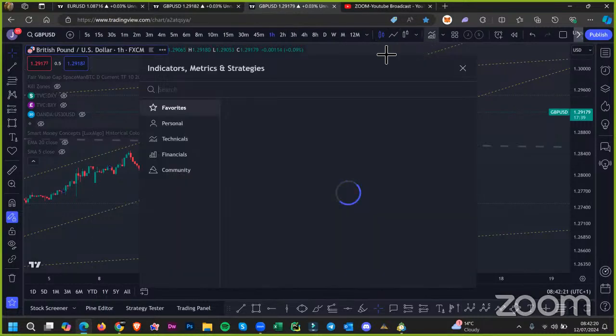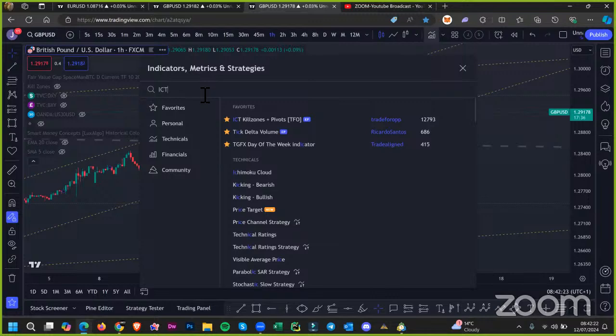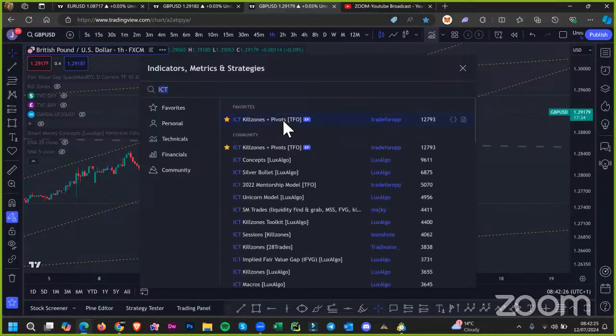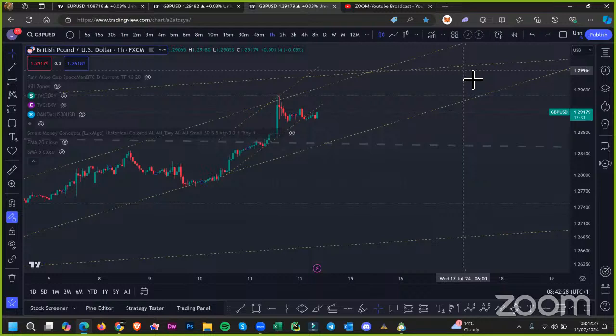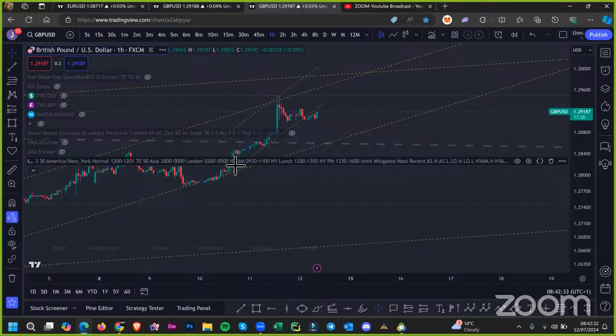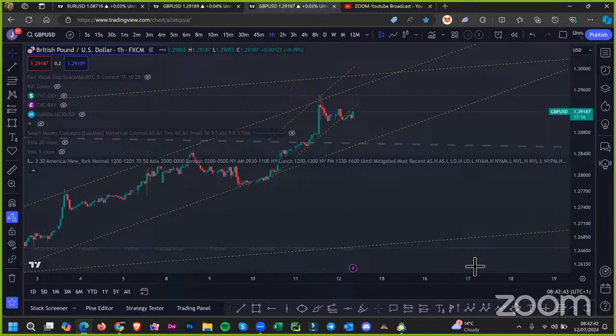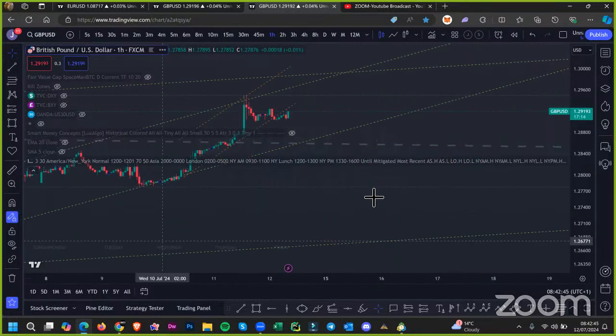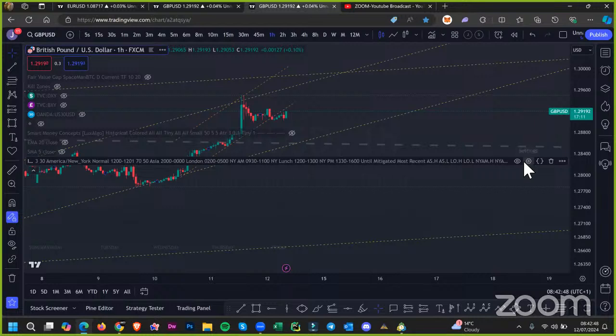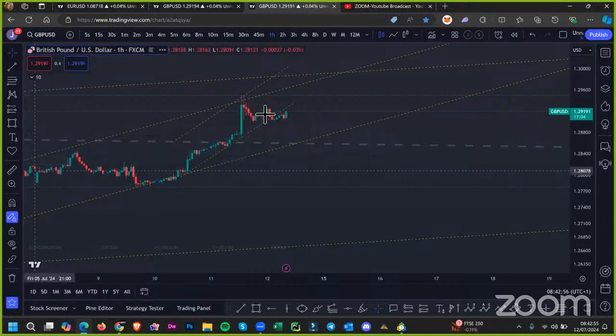I'm hoping that I've saved my settings and I'm not going to have to redo all my settings. It's strange. Maybe it's because I use FXCM. Don't know why all of the data's gone.